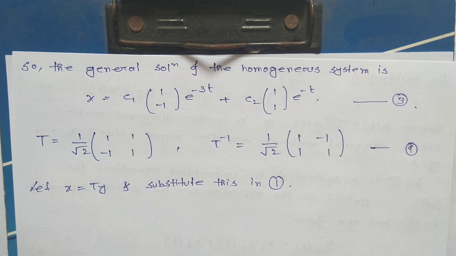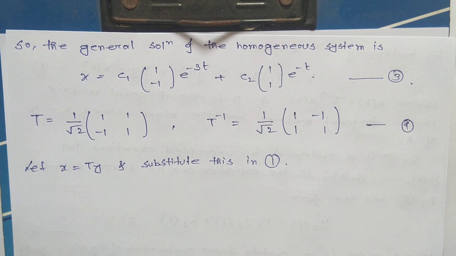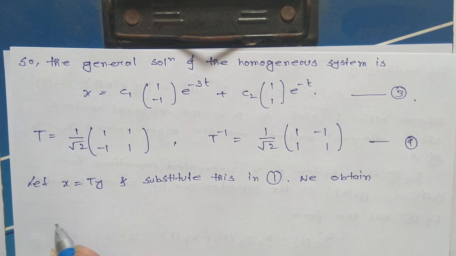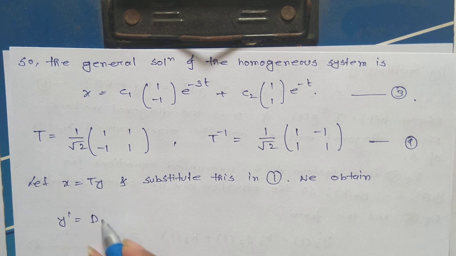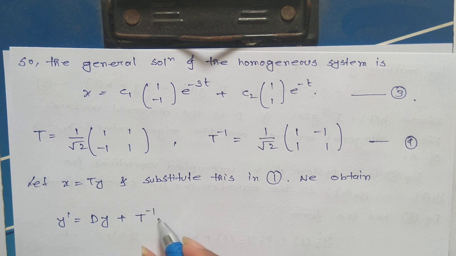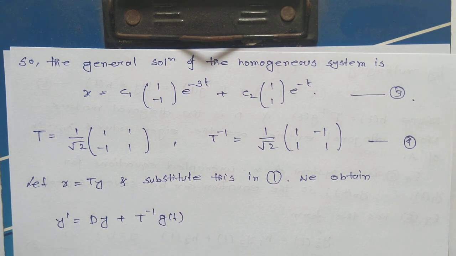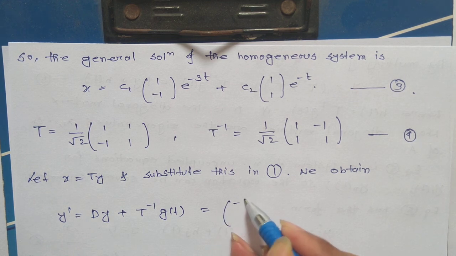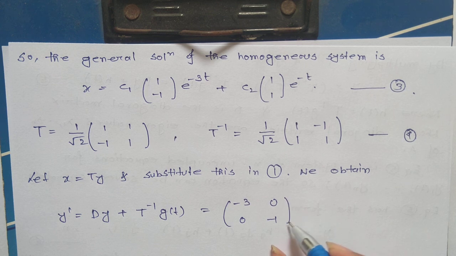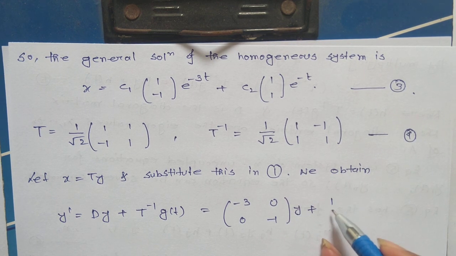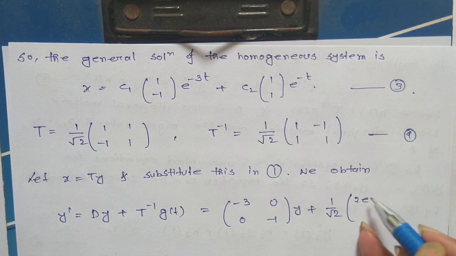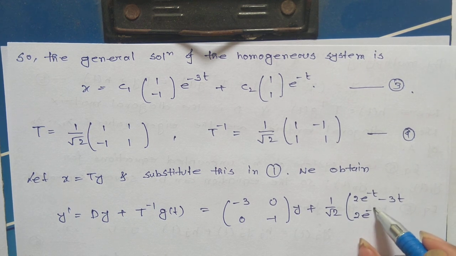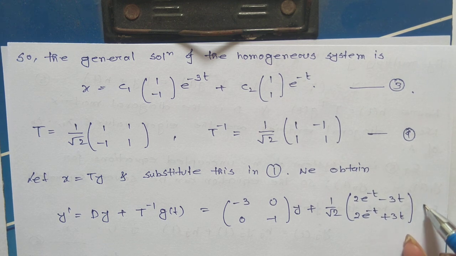So we obtain y dash equals the diagonal matrix D times y plus T inverse g of t, and this will be [-3 0; 0 -1] times y plus 1 by root 2 times (2e^(-t) - 3t, 2e^(-t) + 3t). This is 5.